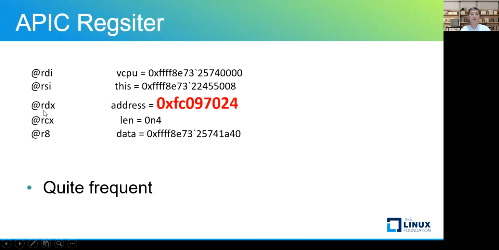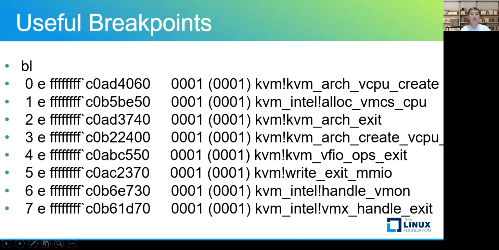From the parameters, we can see this is a special address. Actually, it's the APIC register. In the APIC spec, it defines the linear address range beneath 4 gigabytes that is reserved for APIC. So here are some useful breakpoints to debug KVM for reference.